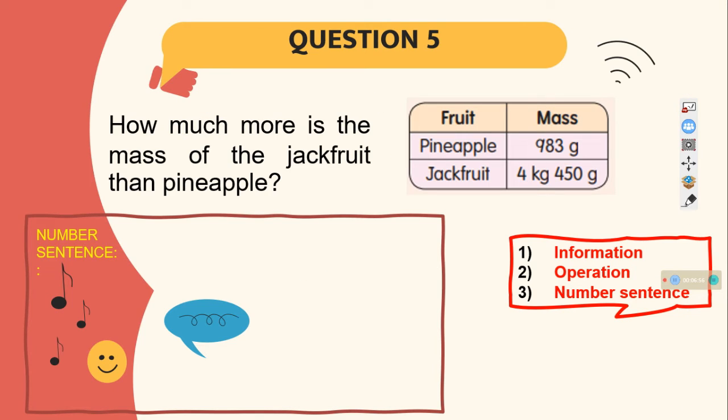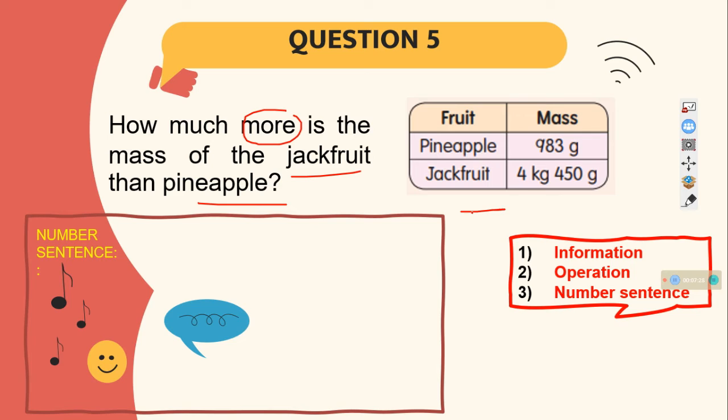So let's go for question 5. How much more is the mass of the jackfruit than the pineapple? If you look at this table, the jackfruit is heavier than the pineapple. So the question wants to find how much more is the mass of the jackfruit than the pineapple.